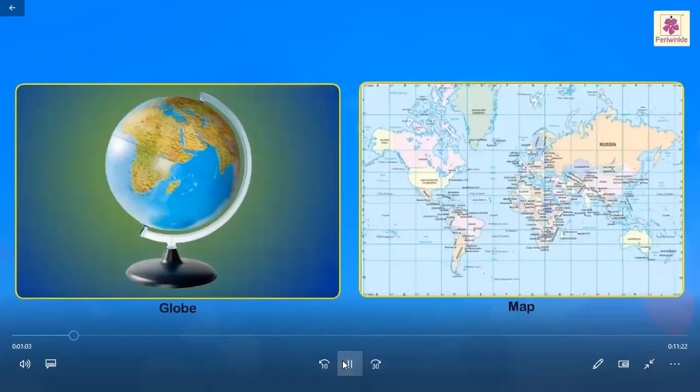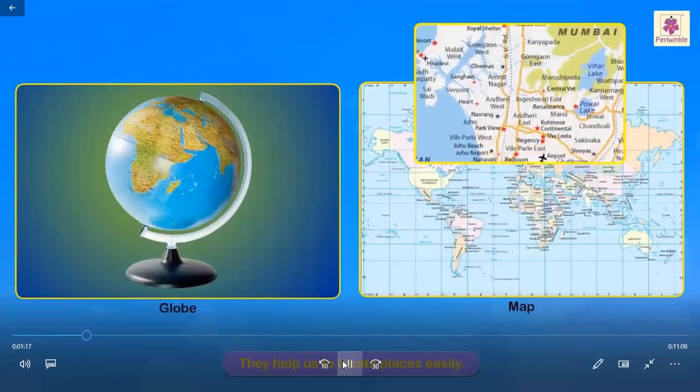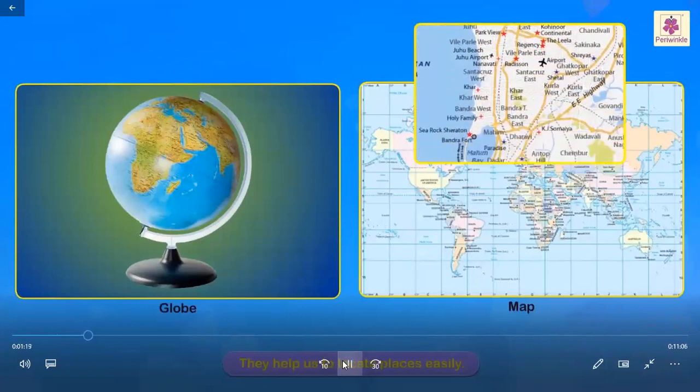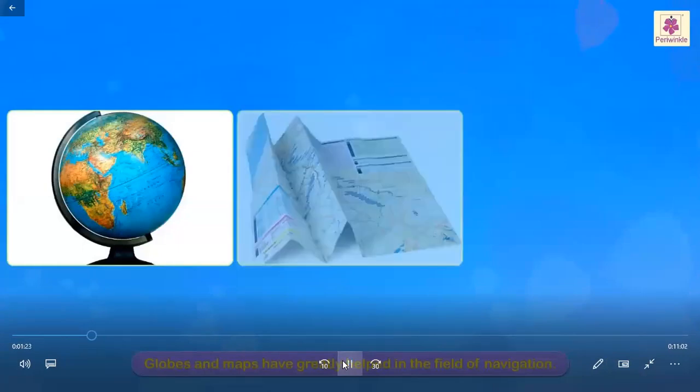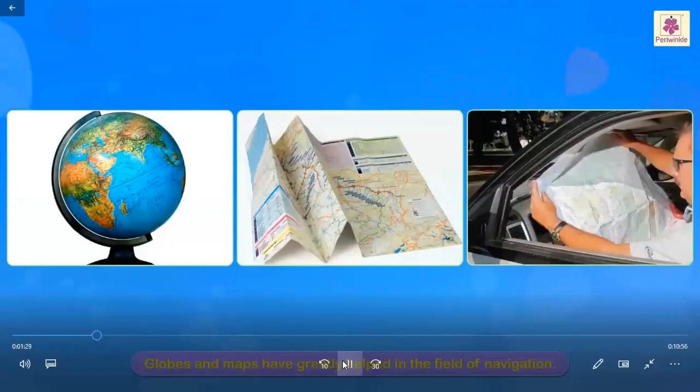We know how globes and maps are important for our proper understanding of the earth. They help us to locate places easily. Globes and maps have also greatly helped in the field of navigation.